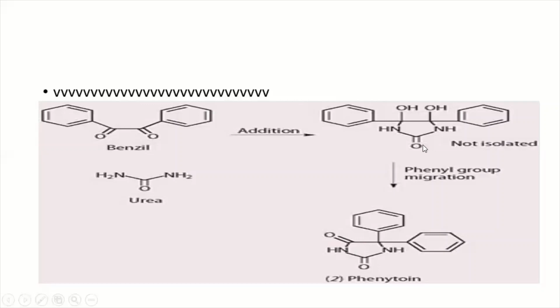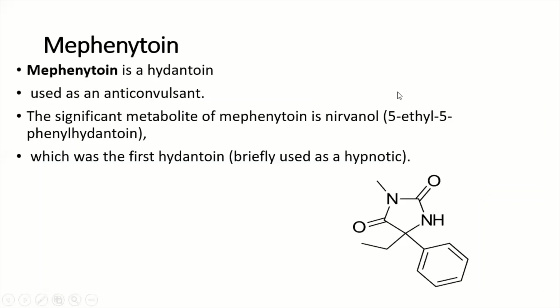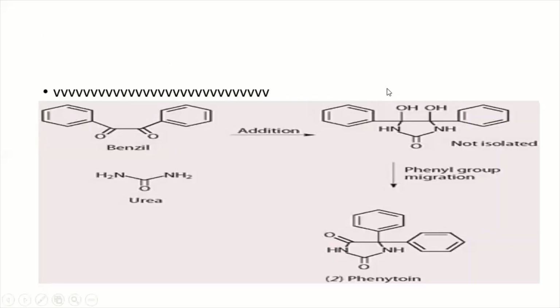Here, one molecule of water will be lost, and thereby you get phenytoin. So the condensation of benzil, which is a diketone, with urea results in the formation of this intermediate compound.